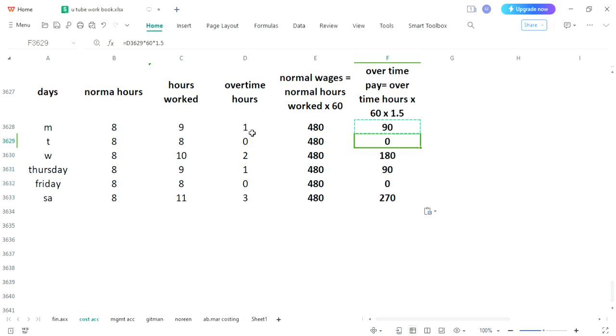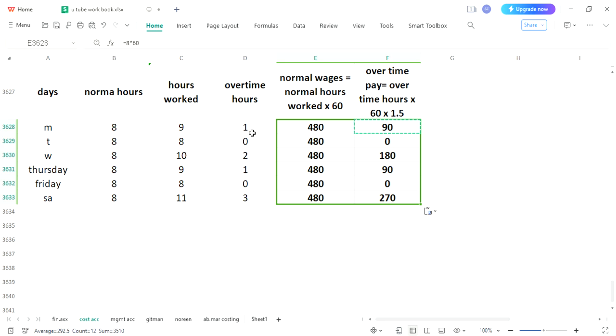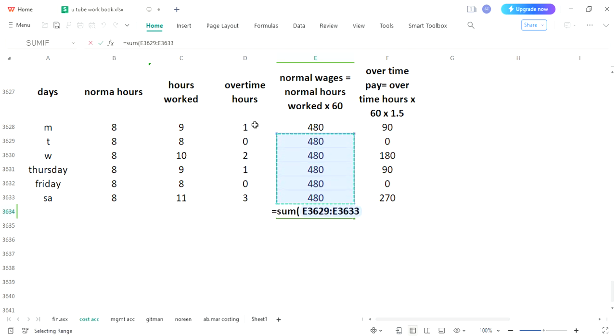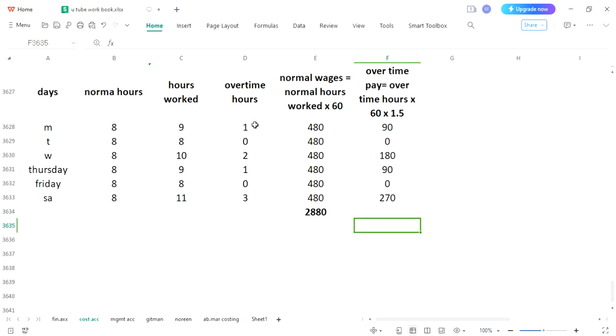This way you have calculated normal and overtime payment, after which you will calculate the sum of normal wages over here, and then you will similarly take the sum of overtime payment as well. So you have got the sum of normal wages and the sum of overtime payment.